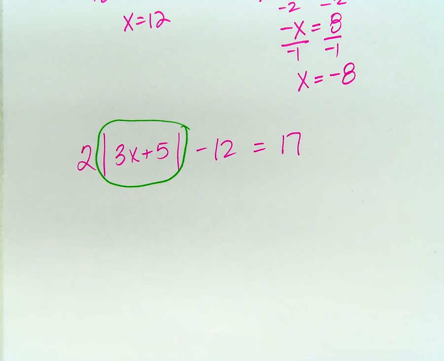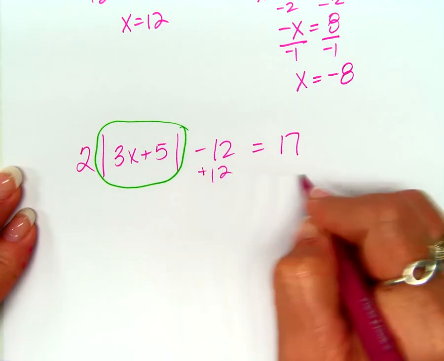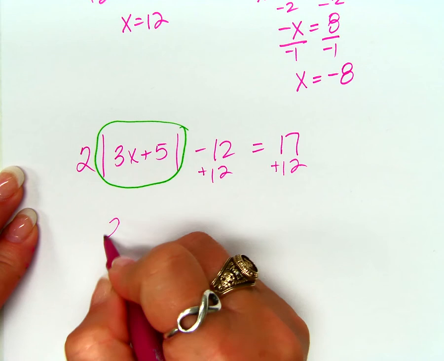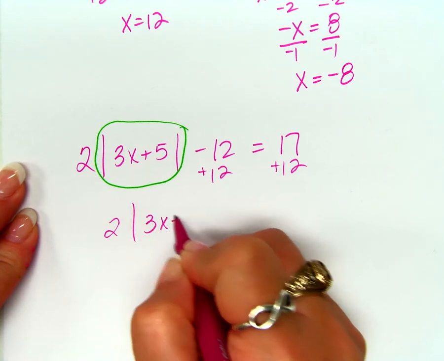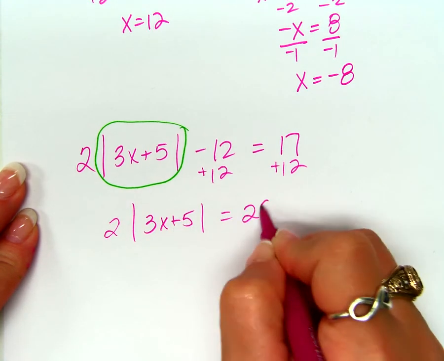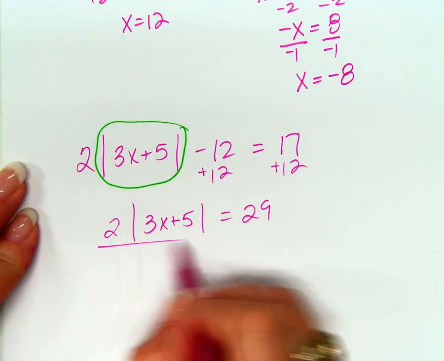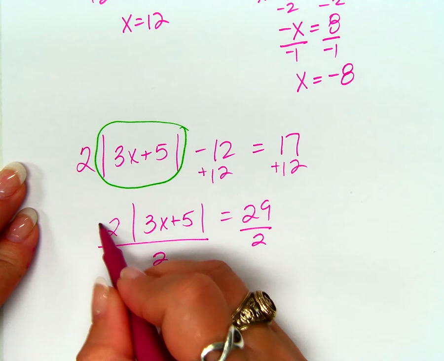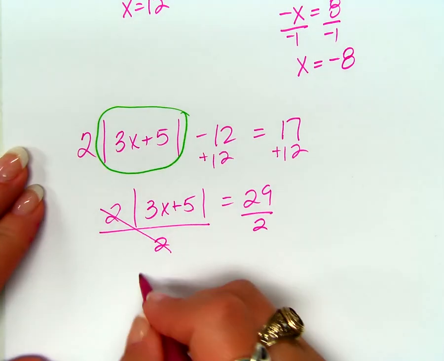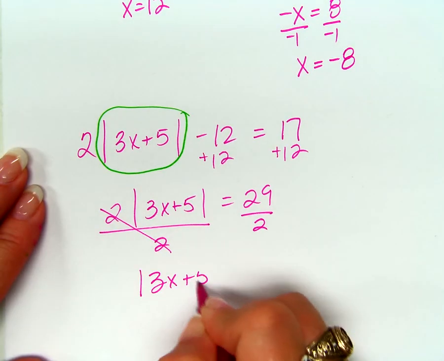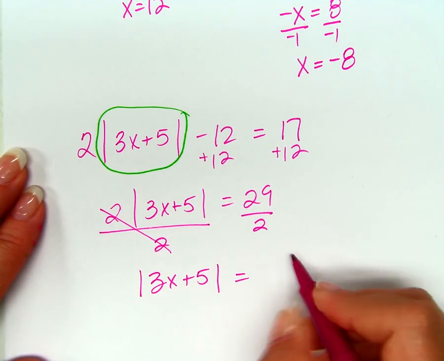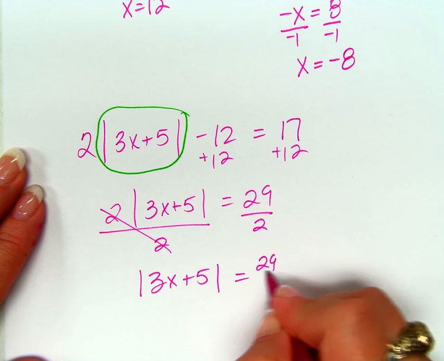You have to get rid of everything that's associated with that in the same order that you know how to do already. So we would add 12 to both sides: 2 absolute value of 3x plus 5 equals 29. Divide everything by 2 to get that to go to 1. Absolute value of 3x plus 5 equals, that's not very nice, is it? 29 over 2.